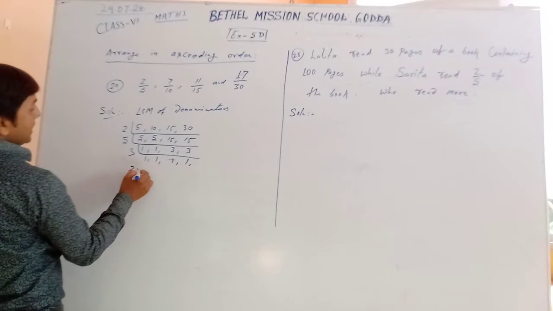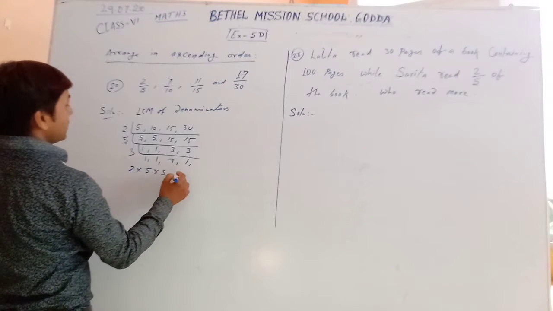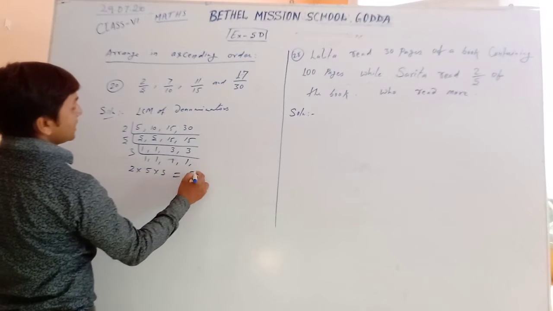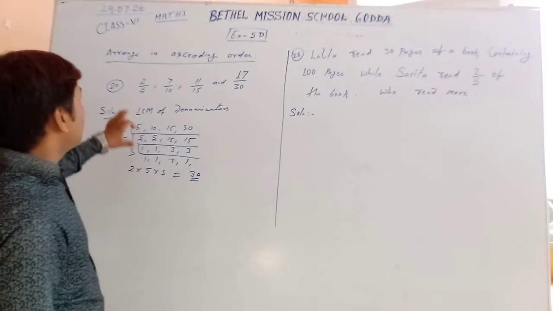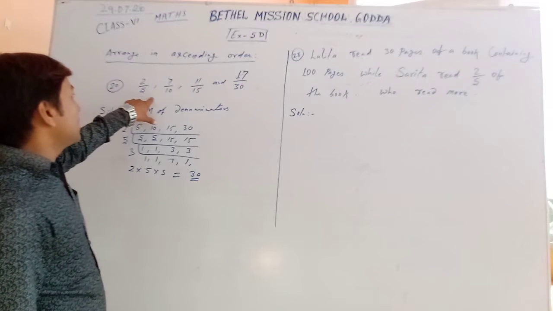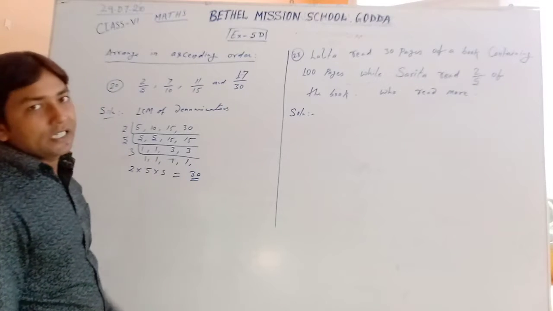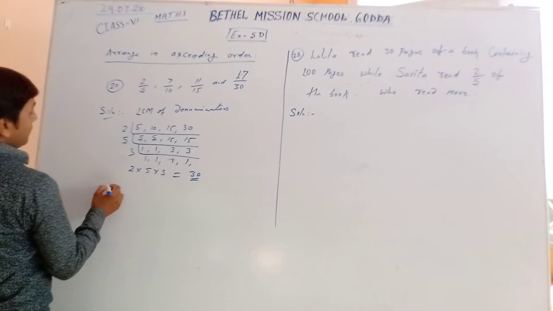Now the LCM is 2 multiplied by 5 multiplied by 3, which is 30. 30 is the LCM. Now make all the denominators into 30.